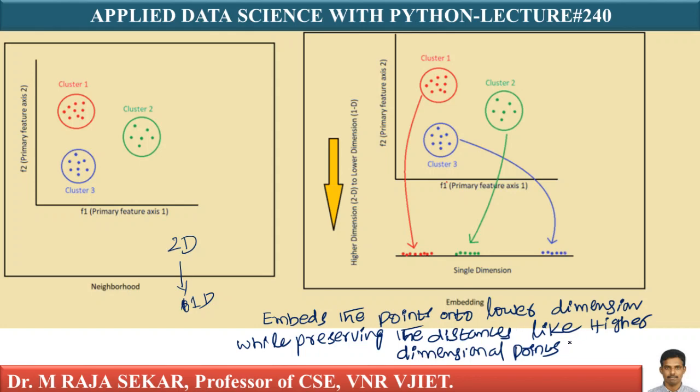Higher dimensional points means in this case 2-dimensional points. Here higher dimensional is 2D, lower dimension is 1D.